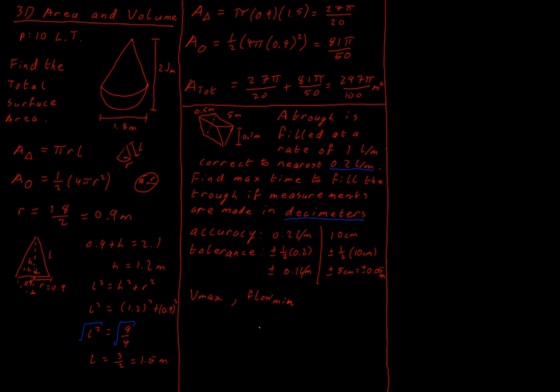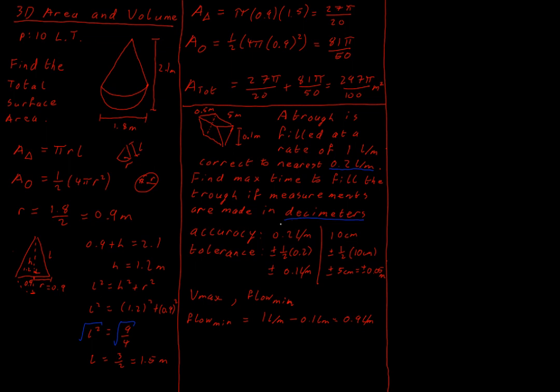So our minimum flow rate is going to be our 1 liter measured, minus, we're going to slow it down as much as we can within our measurement, so that's minus 0.1 liters per minute, which is 0.9 liters per minute.